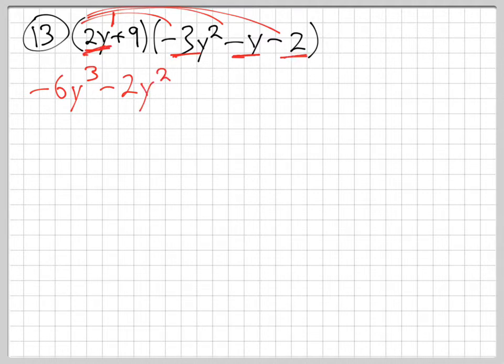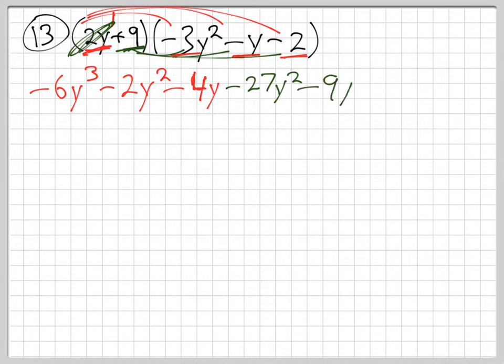And plus 2y times minus 2 is minus 4y. And now he's done. And now it's the 9's turn to go to all three. So minus 27y squared minus 9y minus 18.